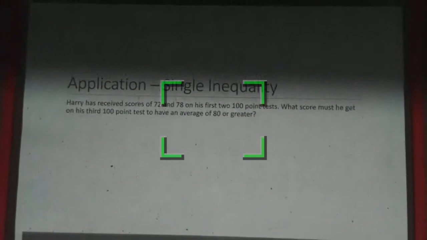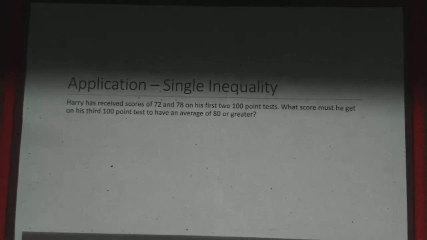All right, last one. Harry has received scores of 72 and 78 on his first two 100-point tests. What score must he get on his third 100-point test to have an average of 80 or greater? So we have to remember that to find an average, we add the things up and divide by how many there are. We're trying to figure out what score he needs on the third test.